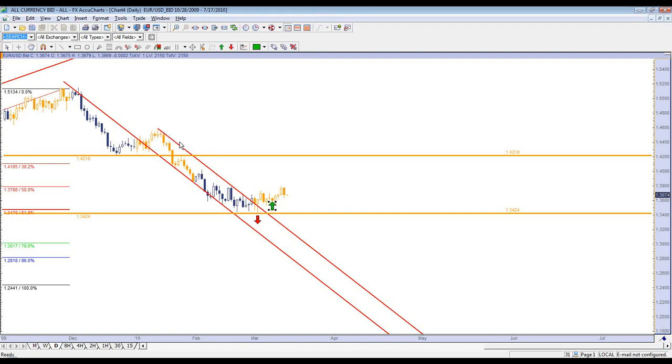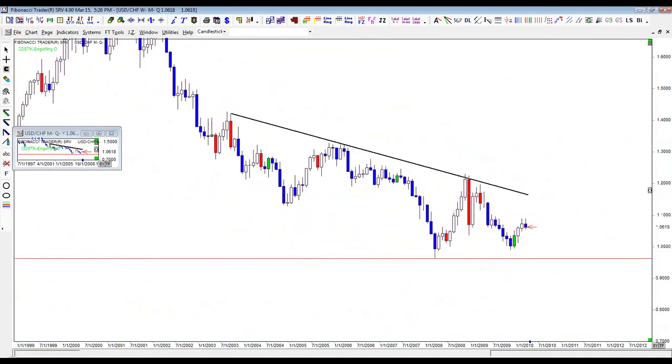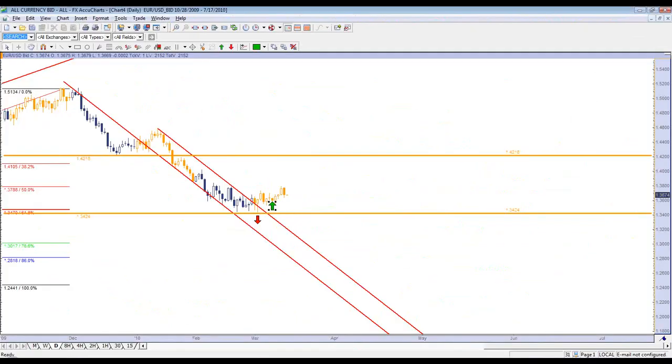Because first what we're going to see is a breakout. Now a trend line will be broken, and I would like to draw it on my other charts once they load, but I'll try it here.